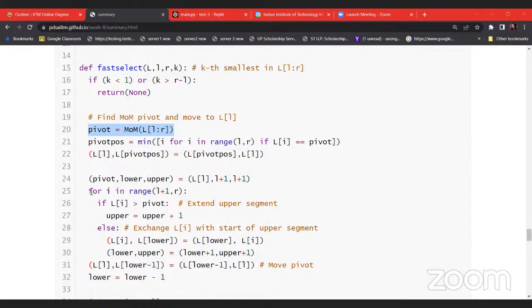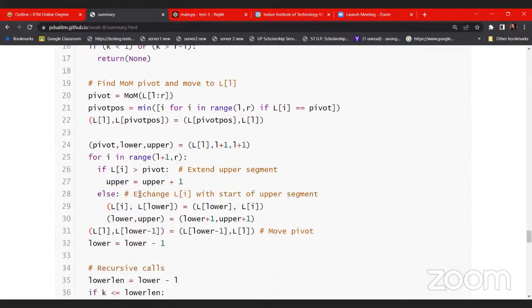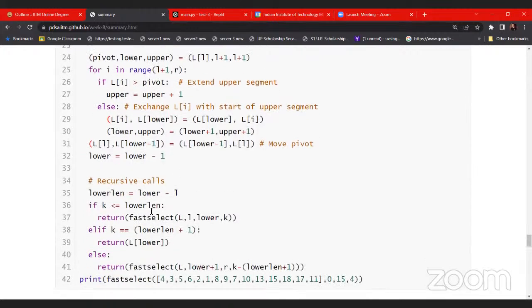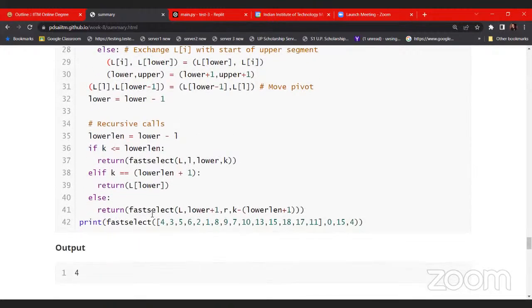Fast select is basically just an improvement using the MOM algorithm. In the partition process, we are performing a swapping operation. After selecting the pivot element, we swap its position and shift the pivot element to the first position. Then we perform the same partition process and find the smallest and largest.